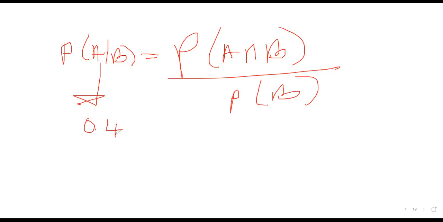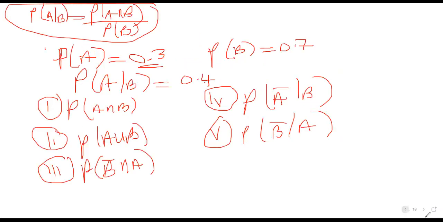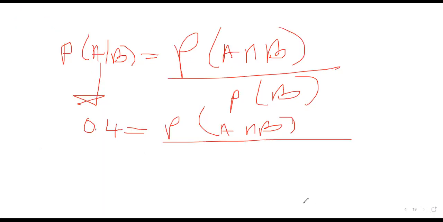Are we together? Are you with me? Yes, we are. Over probability of B, okay. Probability of 0.7.